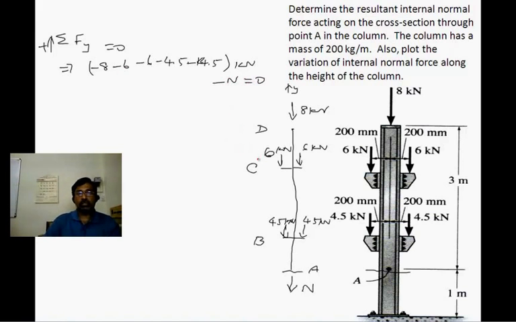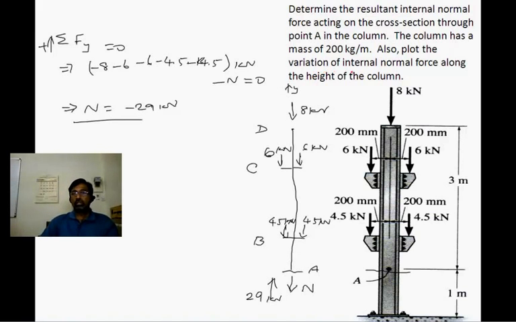These two 6 kilonewtons appear because of these two forces. Similarly, 4.5 kilonewton. This gives us N is equal to minus 29 kilonewton. As you can see here, the normal force is acting in the direction as shown, equal to 29 kilonewton. And that's how we find the internal force.